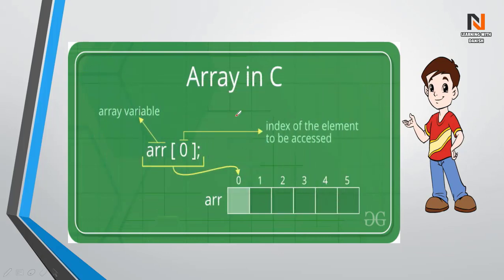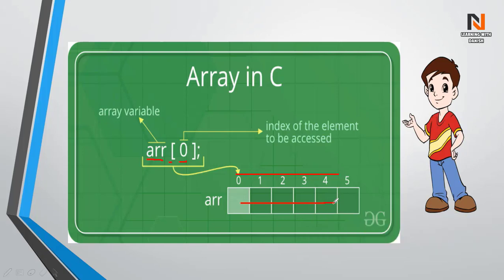Here you can see this is the array name or array variable, and in the brackets you write the array size. And these are memory locations and these are indices, and we can use these indices to access these values in the memory locations.